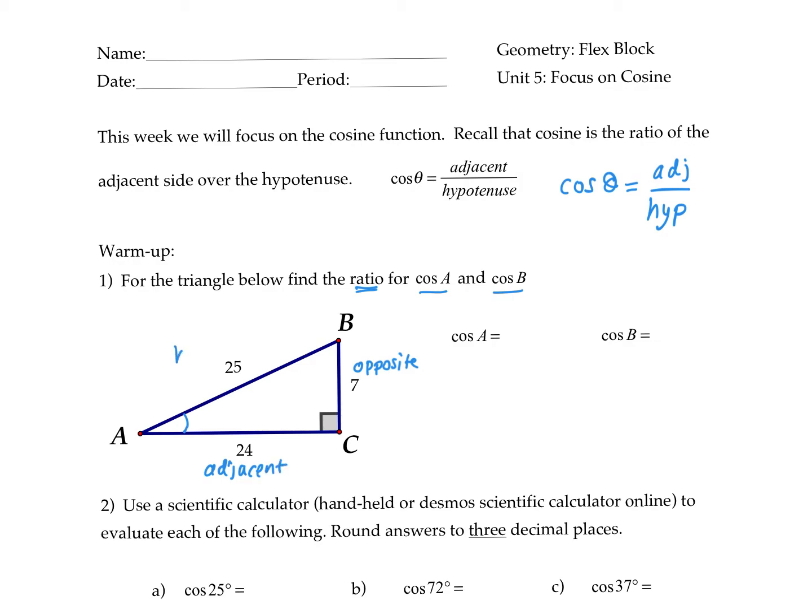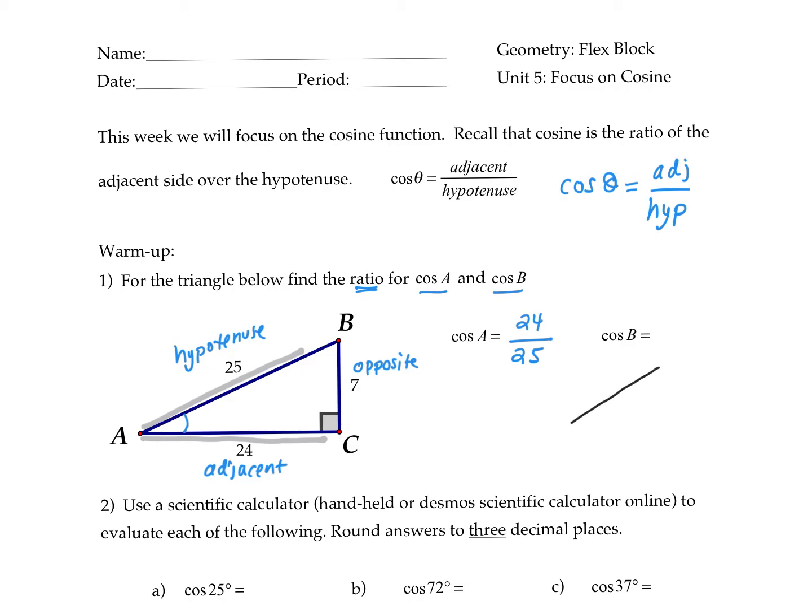And 25 is the hypotenuse because it's across from the right angle. Okay, so for cosine, we need the ratio of the adjacent side to the hypotenuse. So we would write cosine of angle A is equal to 24 over 25.